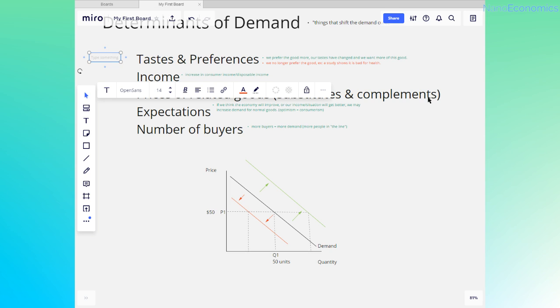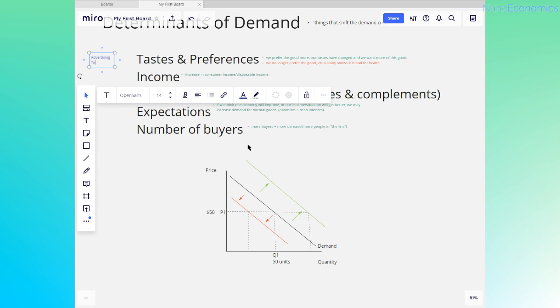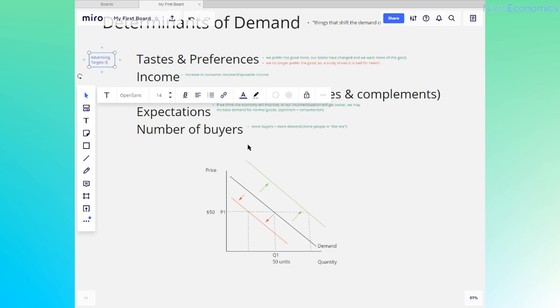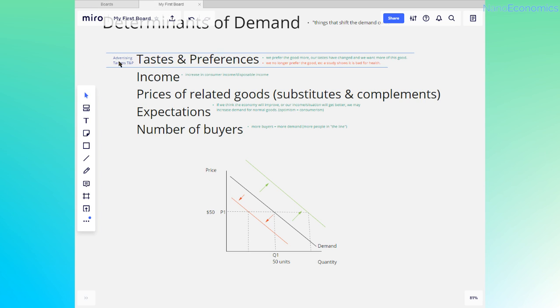Let's note that here. Advertising is targeting our tastes and preferences.